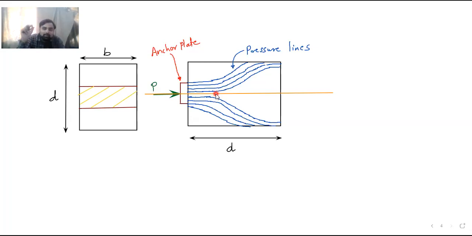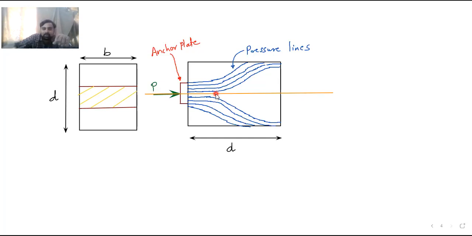Here the compressive stresses are there, so instead of calling it a compressive force, the name given is bursting force. Why is it called a bursting force? Because due to that force, the reinforcement, for which you have allocated a definite location in the beam, gets dislocated. It happens suddenly, like a burst, like a blast.